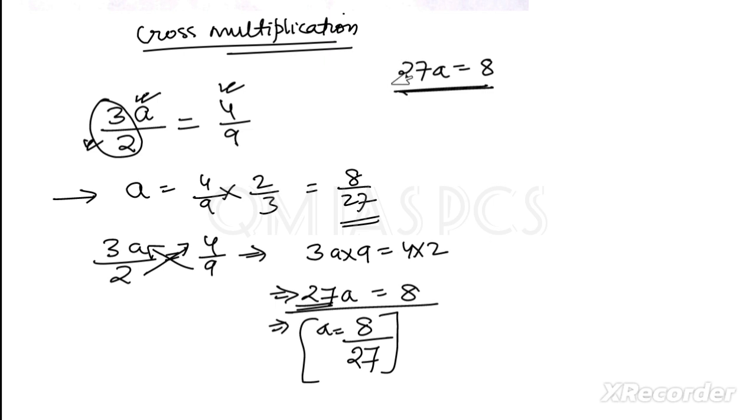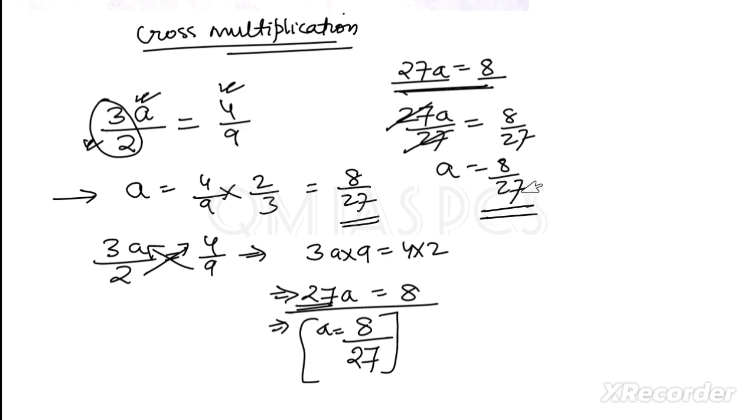Divide 27 here, divide 27 here, so you get 27a by 27 and here 8 by 27. This 27 can be cancelled out, so a is equal to 8 by 27. I think we have discussed 3 methods. If you are comfortable with whichever method, just follow that one. This is your basic cross multiplication thing.